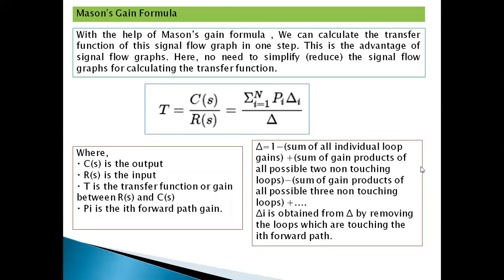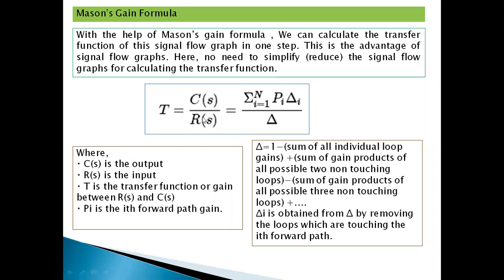So, Mason's gain formula. This is a very powerful formula given by S.J. Mason to get the overall transfer function in a single step. C of S is the output, R of S is the input.